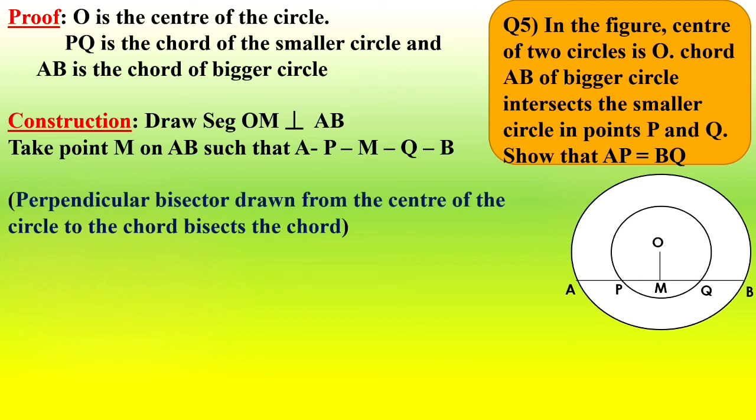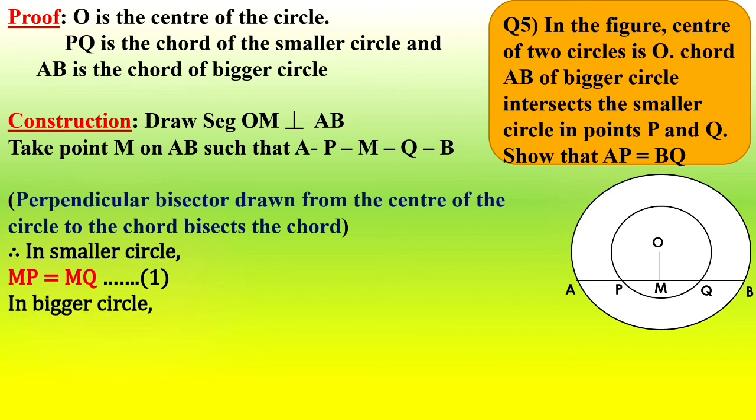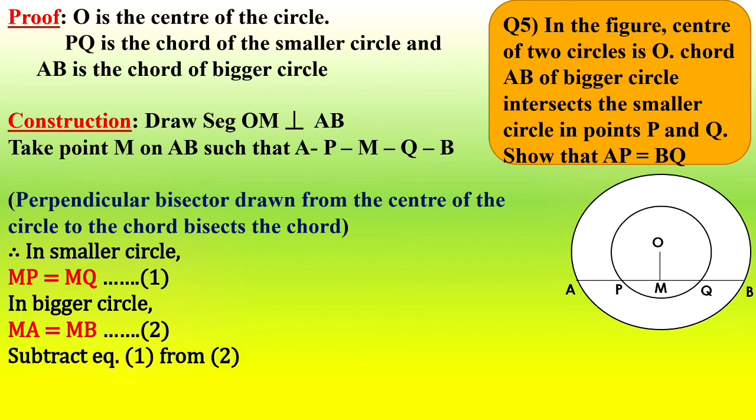So our property is perpendicular drawn from the center of the circle to the chord bisects the chord. In smaller circle, MP is equal to MQ, give the equation number 1. In the bigger circle, MA is equal to MB, give the equation number 2. Subtracting equation 1 from 2, MA minus MP equal to MB minus MQ.